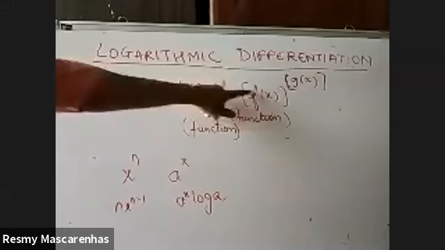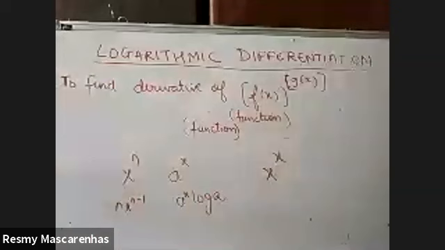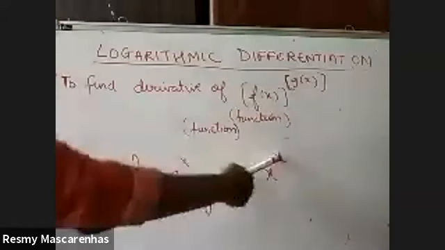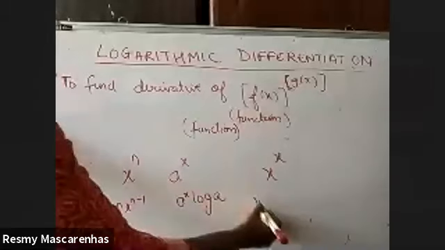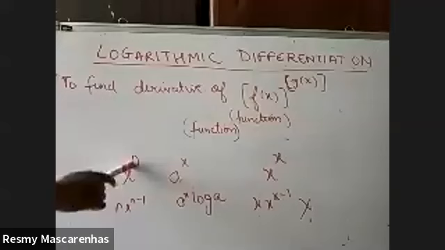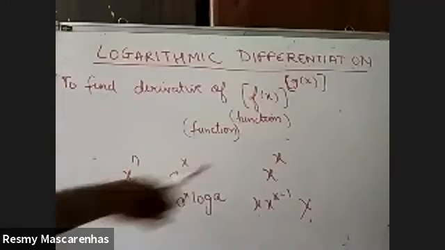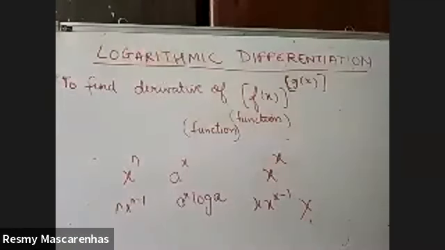But now this type will be like this, some function raised to function only. In that case, there's no direct derivative for x raised to x, the formula is not there. You cannot write it as x times x raised to x minus 1. This is wrong. Only if there's a number here, you can apply, but not with function raised to function. In that case, you have to follow logarithmic differentiation.